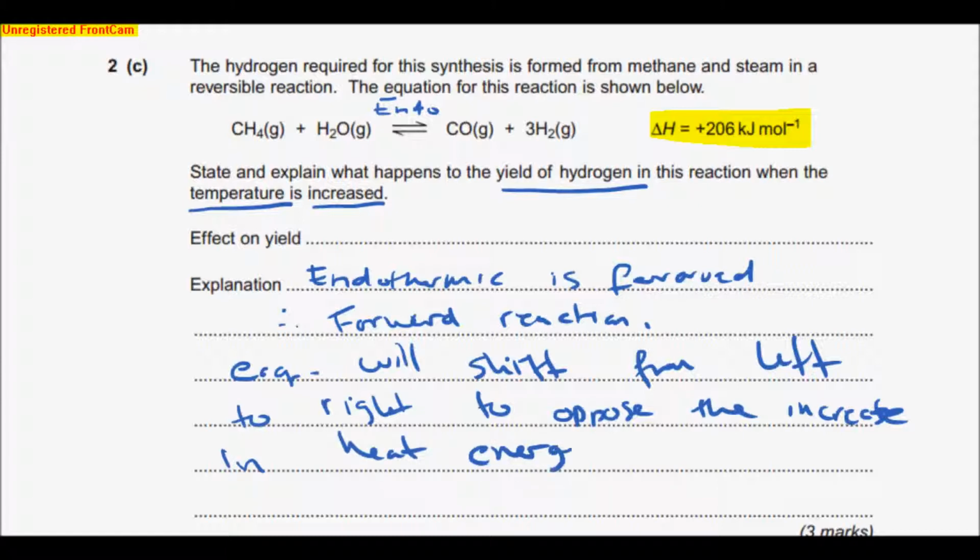Now, because it's shifting to the right, the effect on the yield would be to increase the amount of hydrogen being produced. So the effect on the yield is there will be an increase in the amount of H2 being produced. Okay, so let's go through the marks here. Again, 1 mark for saying there's an increase in the yield of H2. 1 mark for mentioning the fact that the forward reaction is an endothermic reaction, and therefore the equilibrium will shift from left to right.